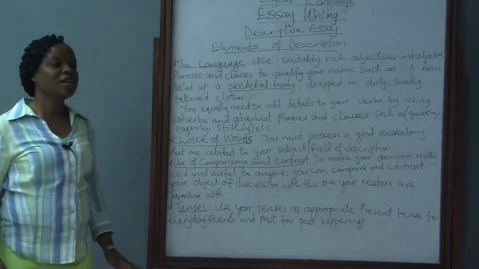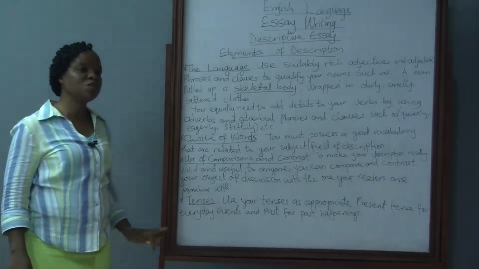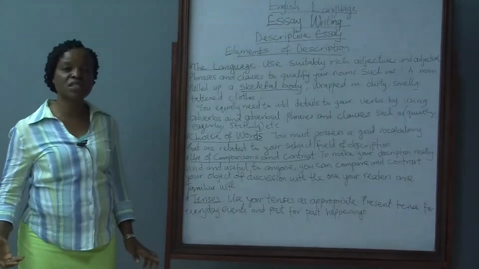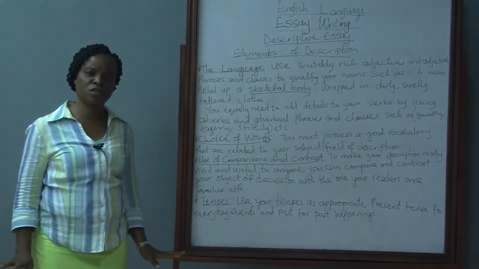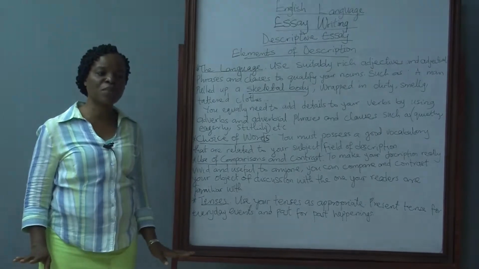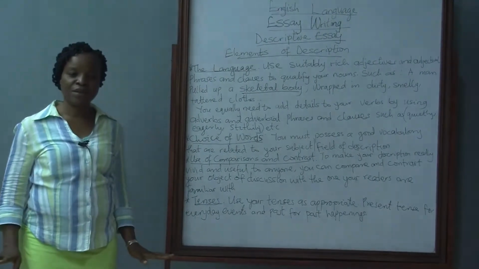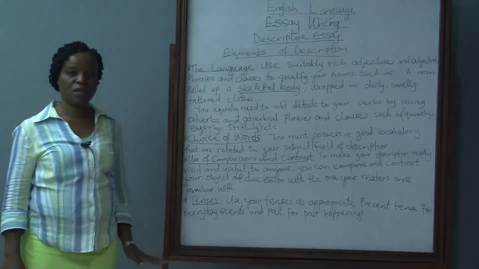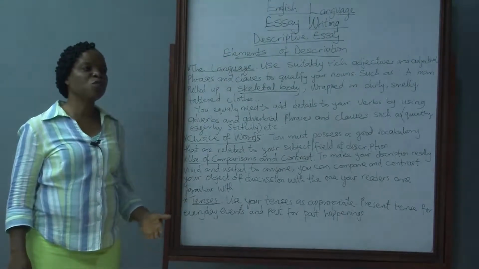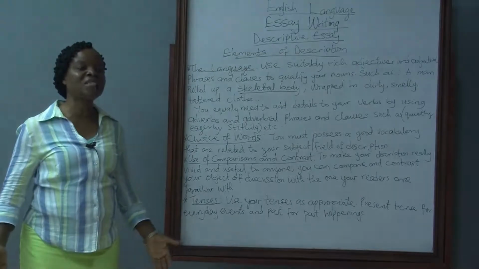Now, unlike narrative essay, in descriptive essay, you use your tenses as they come, as they are suitable for the description. Take, for instance, you're describing what happened in a particular day. Let's say an event that runs from the morning till the evening, and it is something that happens every day like that.